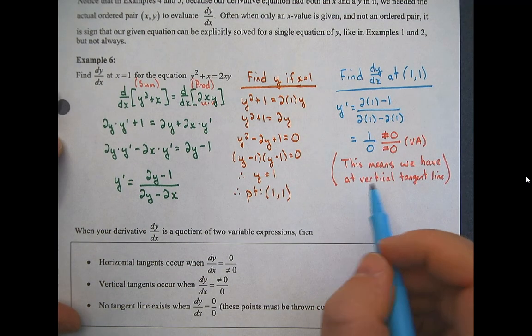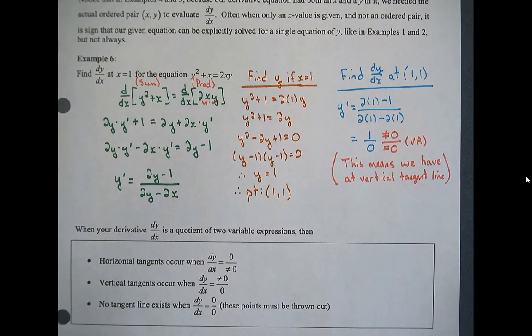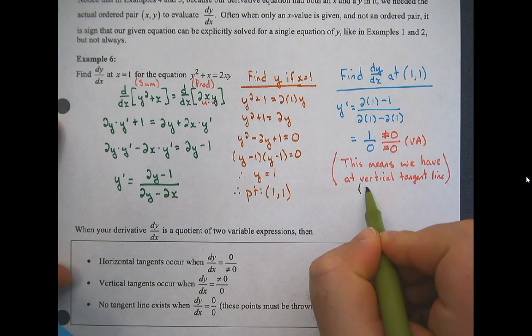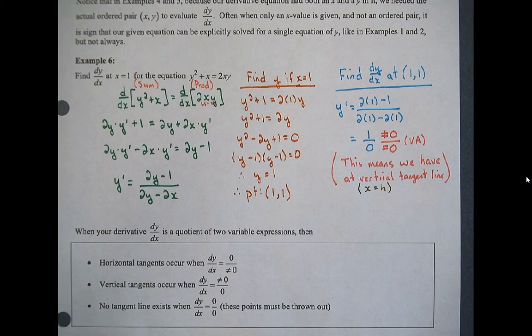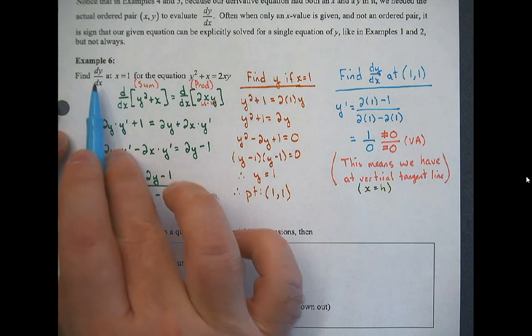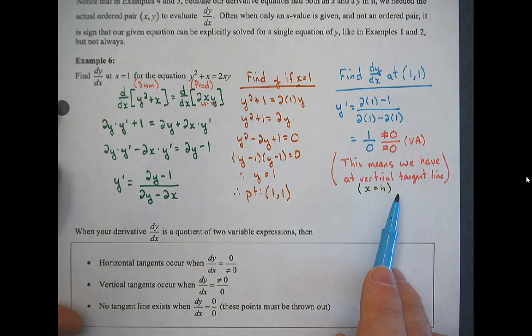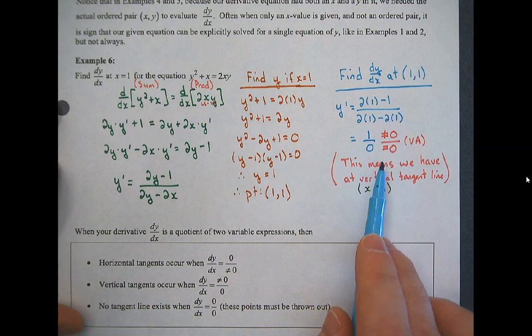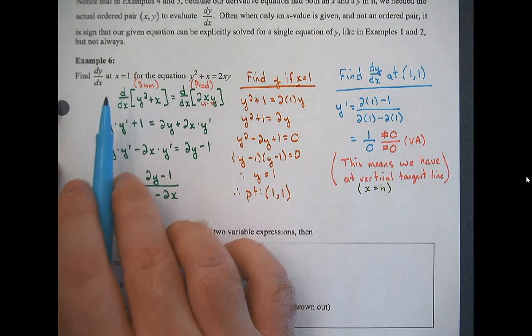So a vertical tangent line. Let me leave a little note here. Vertical means equation x equals h. All vertical lines have the equation x equals a number. So find dy/dx at, I guess we didn't need to find the actual equation. We just needed to find the slope. We'd say dy/dx doesn't exist. dy/dx equals DNE.